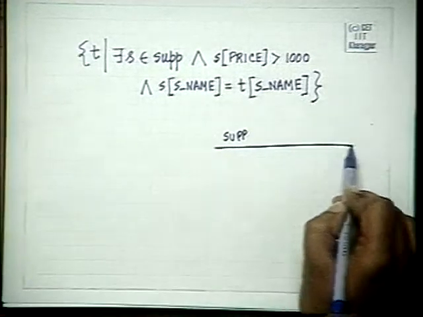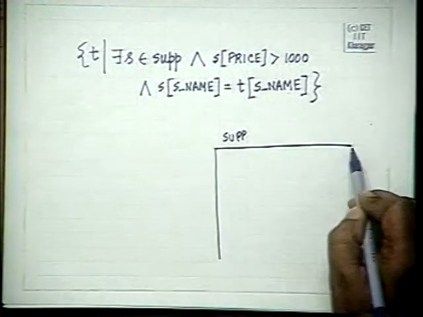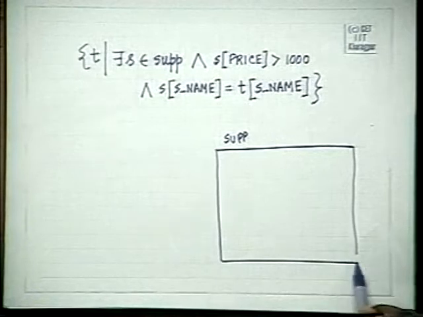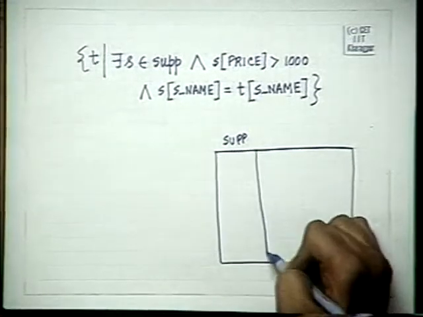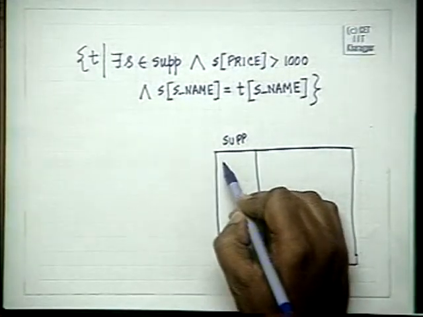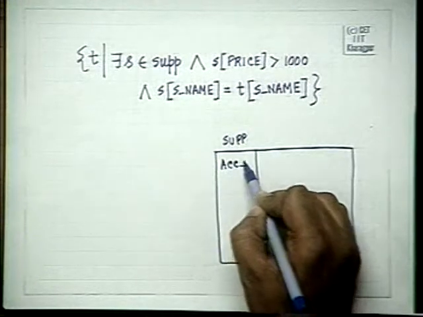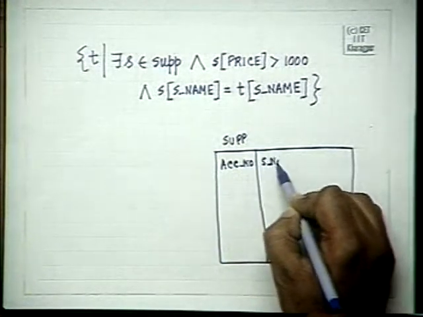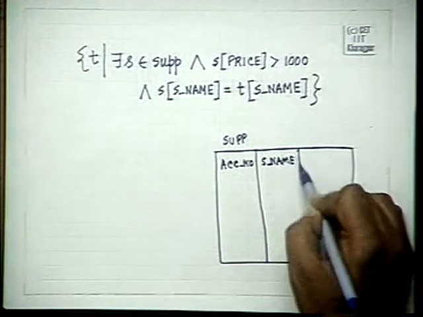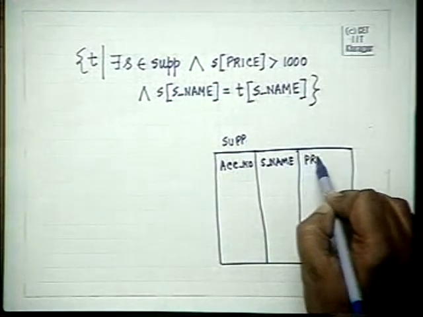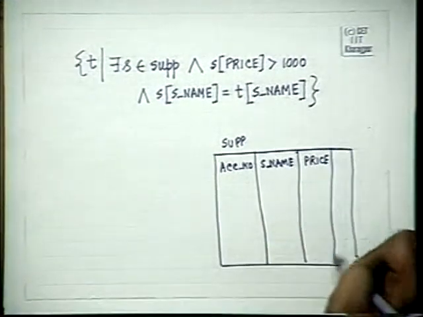The SUPP relation is used here. The SUPP relation has got attributes accession number, S name, price, and date of supply.